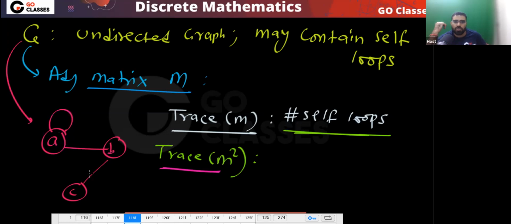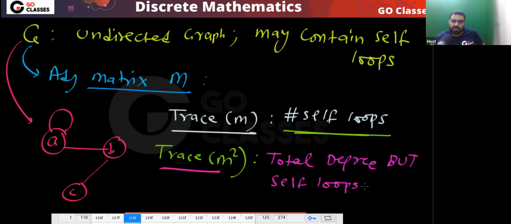Are you getting my point? So what will trace of M square give you? It will give you the total degree, but the self loop counted once. Very good, Alap, very good. So this will give you total degree, but the self loop counted once.